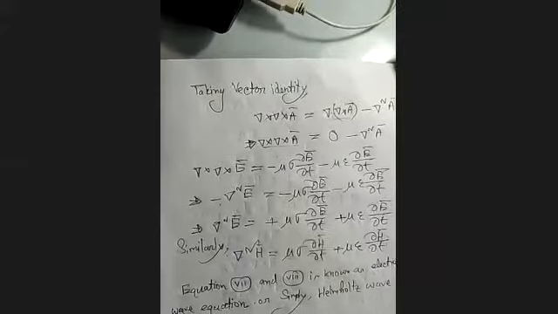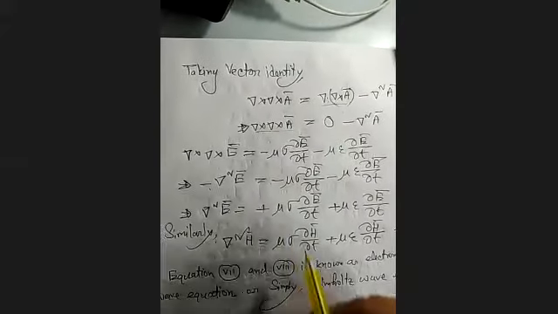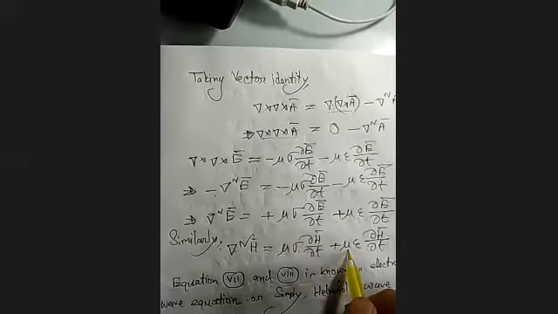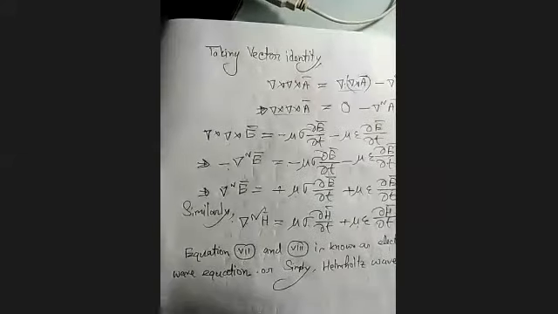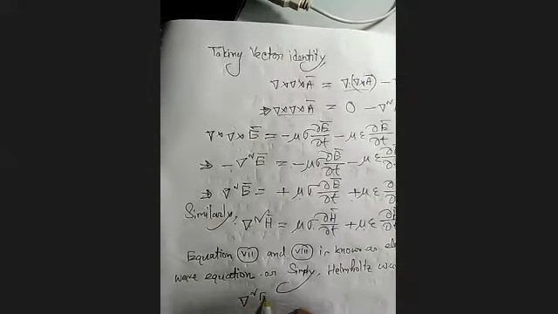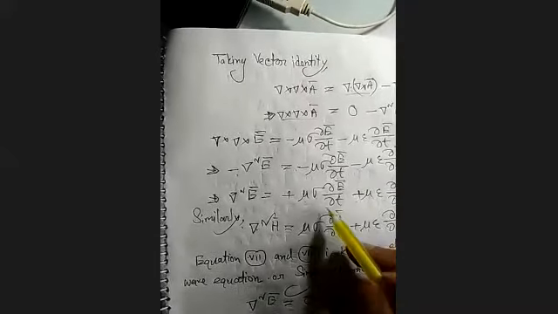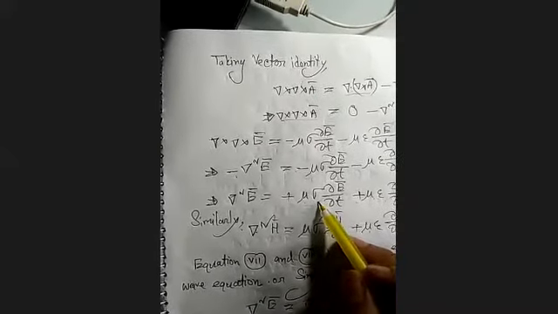If we consider the whole constant identity for our free space, we can write in the right side it will be 0. It will form del square E is equal to 0 and del square H is equal to 0. If we consider the right side as for free space, it is 0.